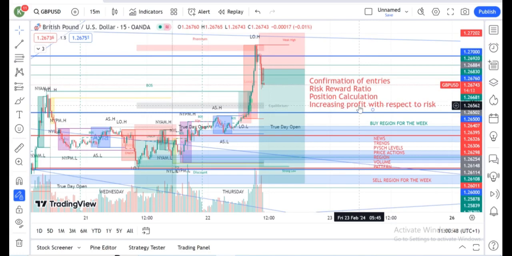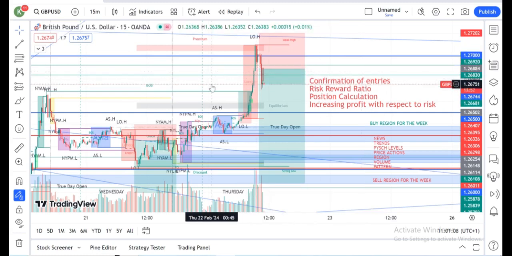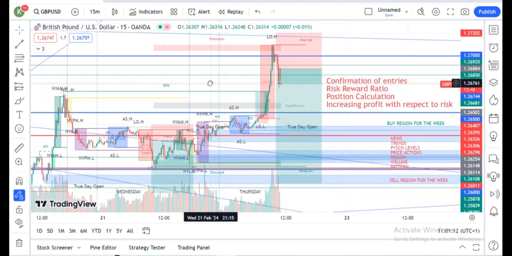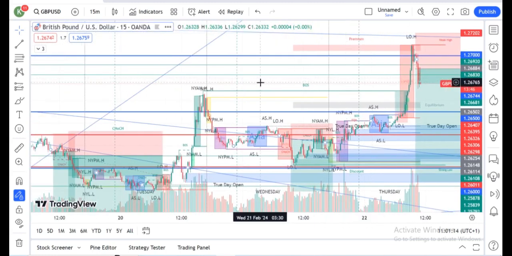So in that case he's going to be on high risk, because he will only increase his profit with respect to risk management. Okay, and first, as you can see, that's why confirmation of entries was the first thing that was clearly stated in this particular lesson.